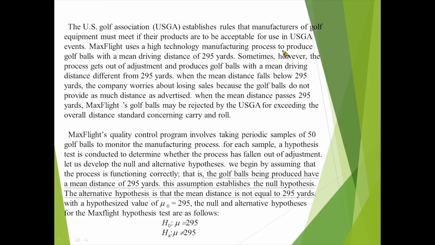They need to use the high technology manufacturing process to produce a golf ball with a mean driving distance. And you can see H0 is mu equals 295, HA mu is not equal to 295.